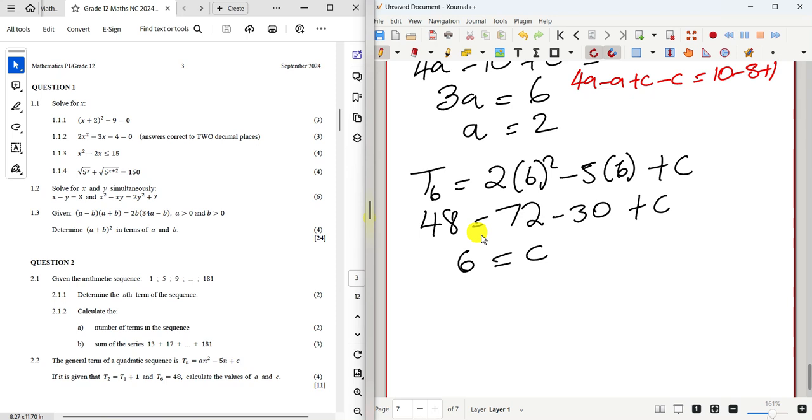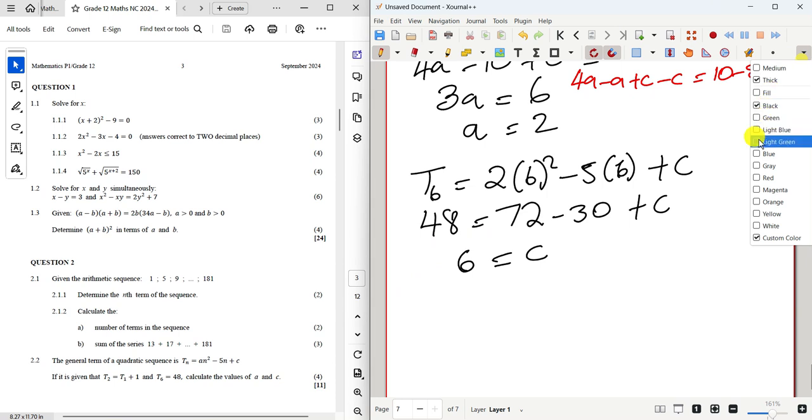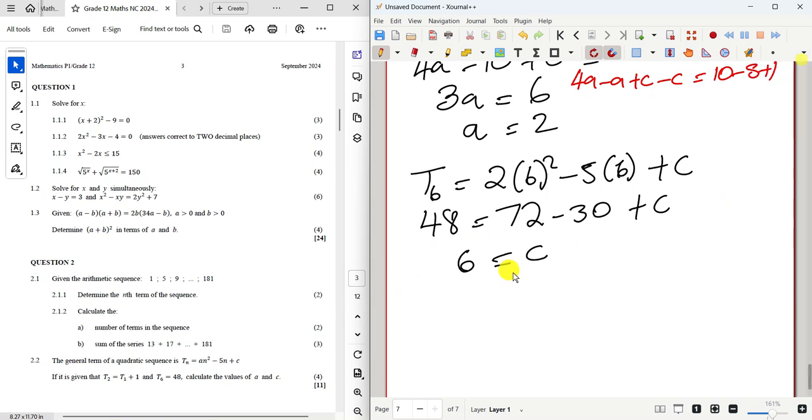So let us now try this. We found A and C, right? So they are telling us that T sub n is equal to 2n squared minus 5n plus 6.